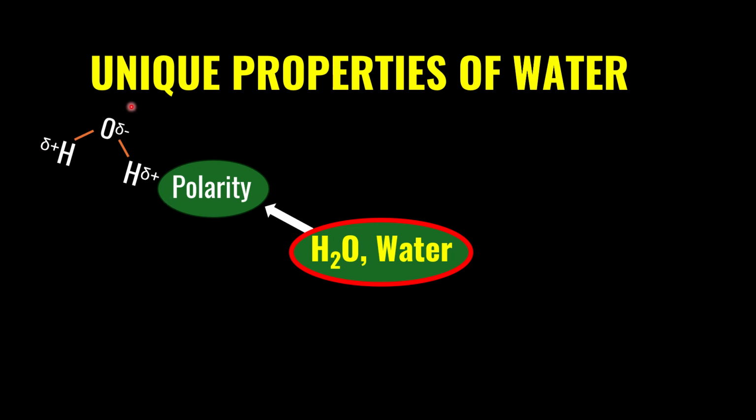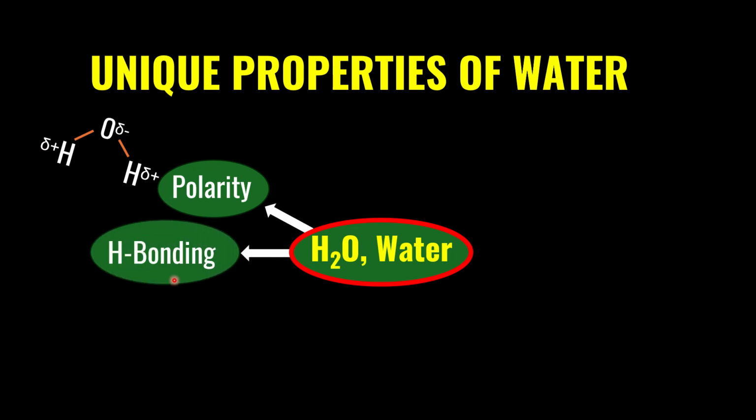And this property allows it to make intermolecular hydrogen bonding. Because of that, it has a property of cohesiveness and also with other molecules as well, which imparts adhesive properties. Both are important for biological functions.